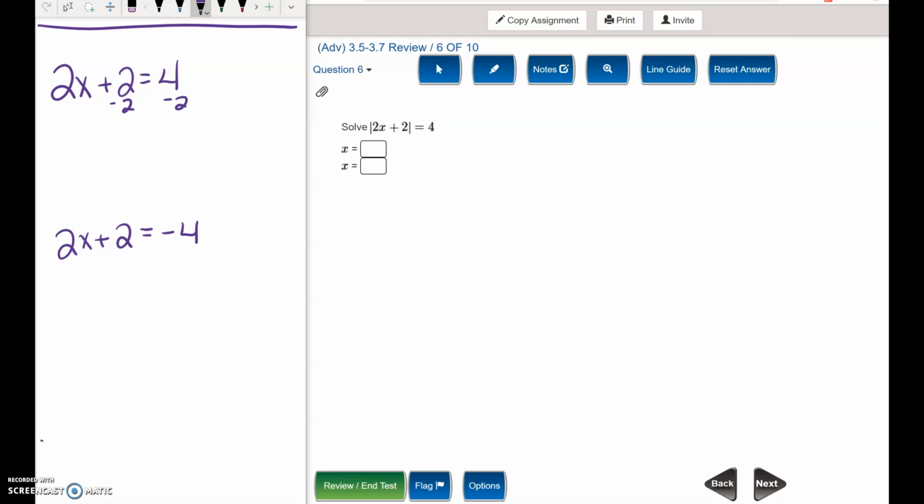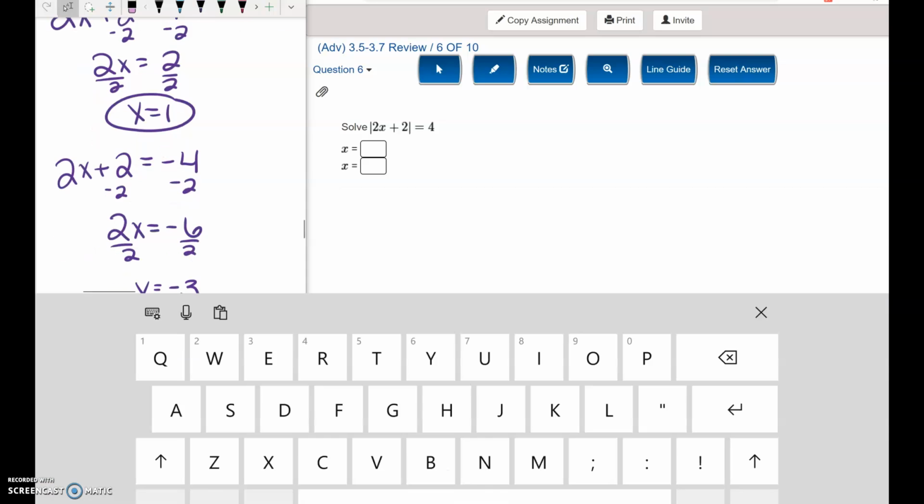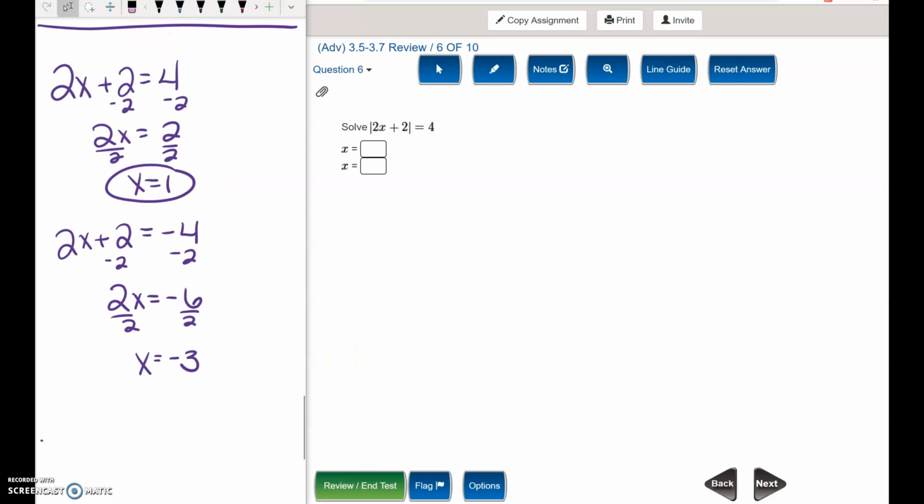So 4 minus 2 is 2. 2 divided by 2 is 1. One of our answers is 1. 2x equals -6. So x equals -3. Our answers are 1 and -3.